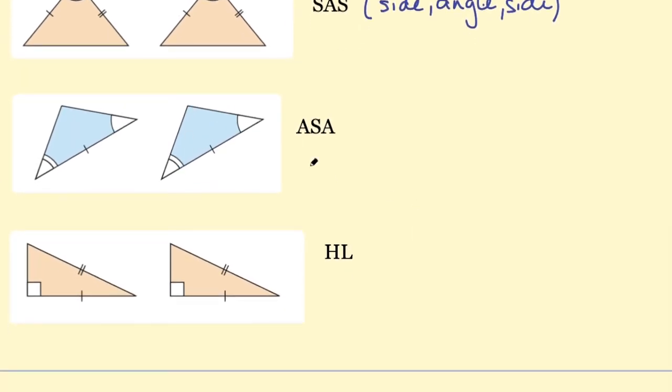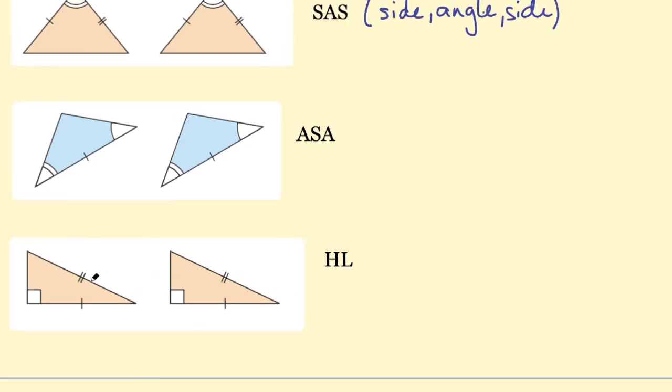The next one is angle, side, angle. So if we have two corresponding angles equal, and then the side in between them equal, then we know that those triangles are congruent. So that stands for angle, side, angle. The next one refers to right angle triangles only, and it says if the hypotenuse and one leg are equal, then the triangles are congruent. So this stands for hypotenuse leg.